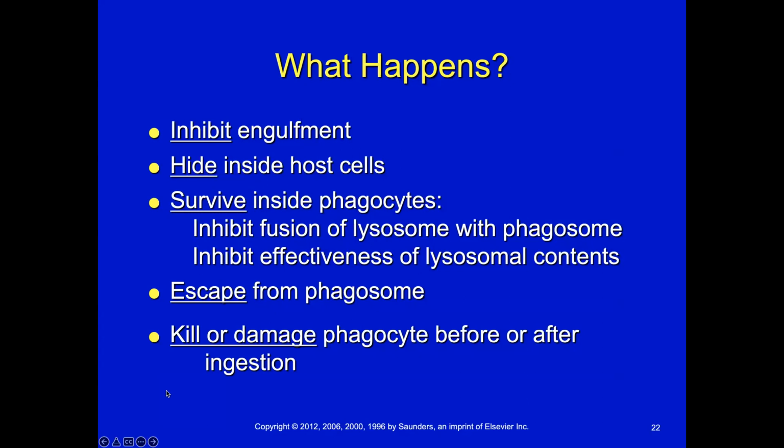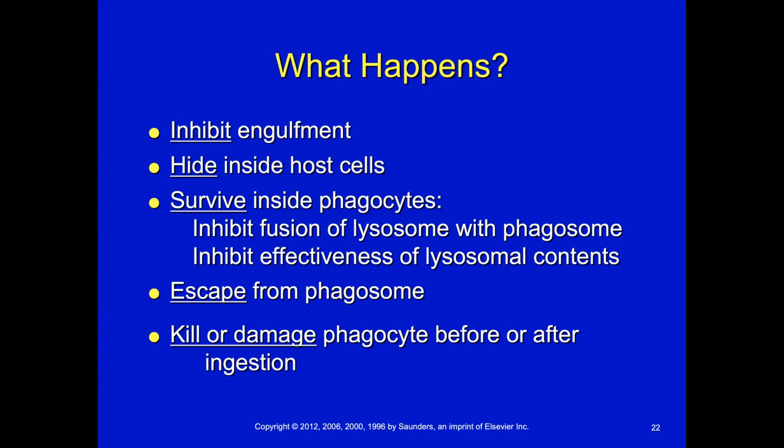So what can happen? Well, one is these pathogens can release things that will inhibit the engulfment. Sometimes the pathogens just work their way inside the host cells and hide and go dormant until they reactivate at another time. Pathogens can survive inside the phagocytes.